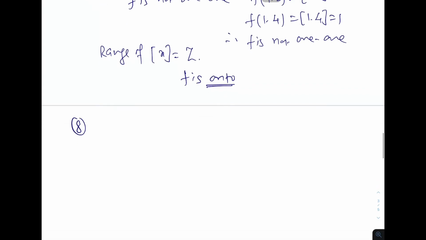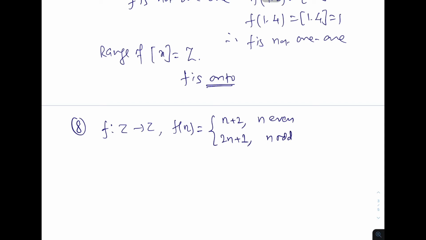If f from Z to Z, f of n equal to n plus 2 when n is even, 2n plus 1 when n is odd.